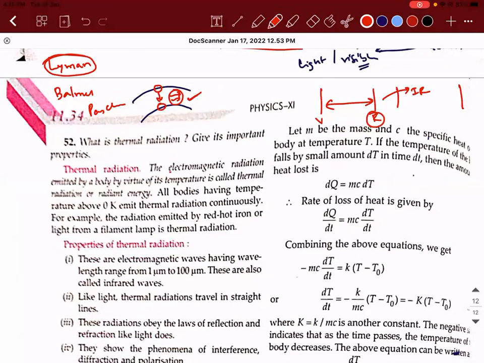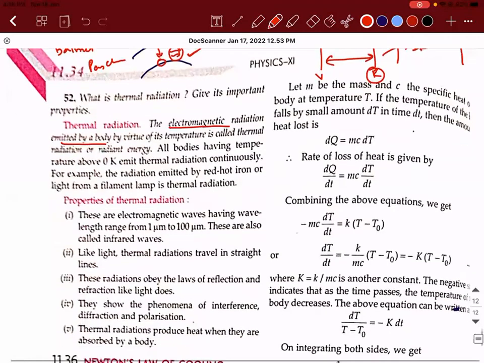Thermal radiation is basically an electromagnetic radiation emitted by a body by virtue of its temperature. If any object has a temperature greater than 0 Kelvin, it will start emitting radiations, and those are called thermal radiations, or more technically, radiant energy.